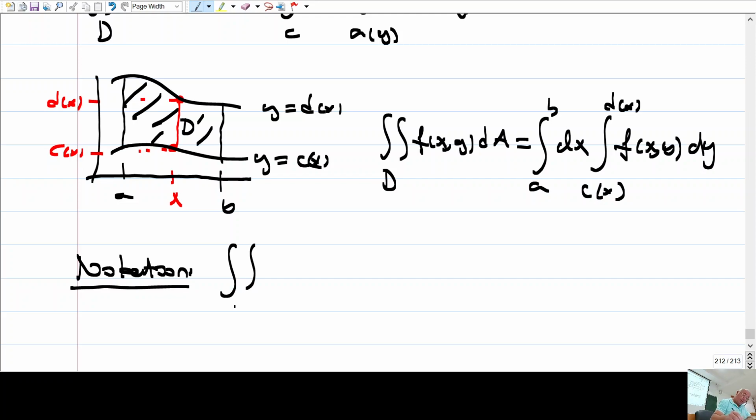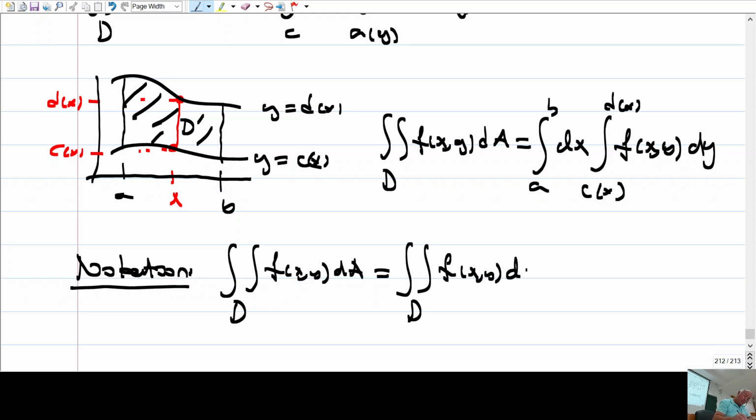This double integral over a region can be written like this: dx dy. dA is replaced by dx dy because dA is something like this.